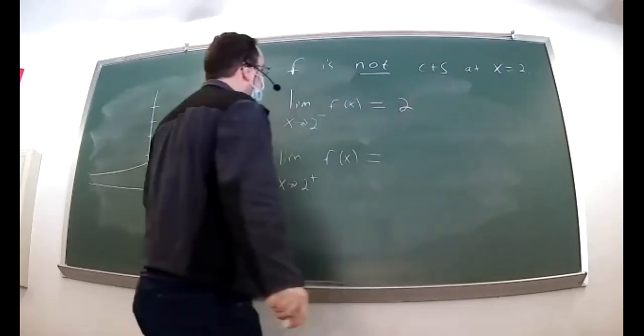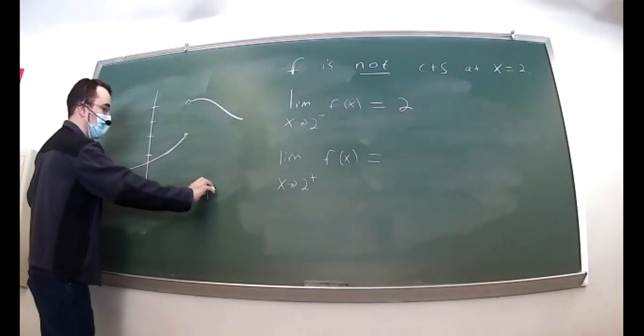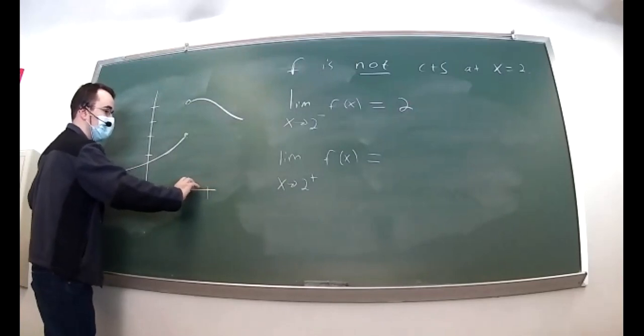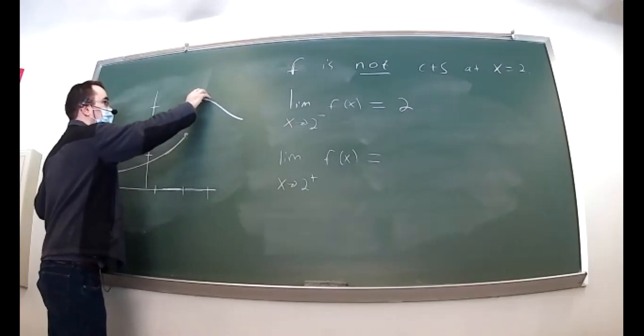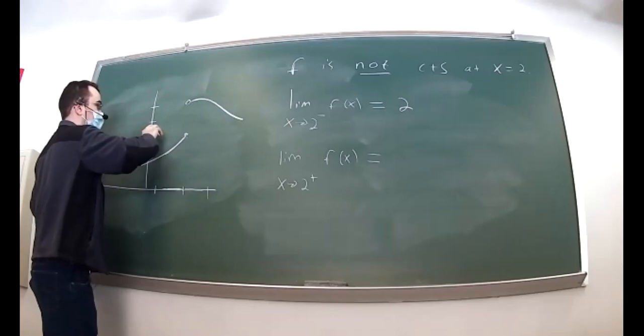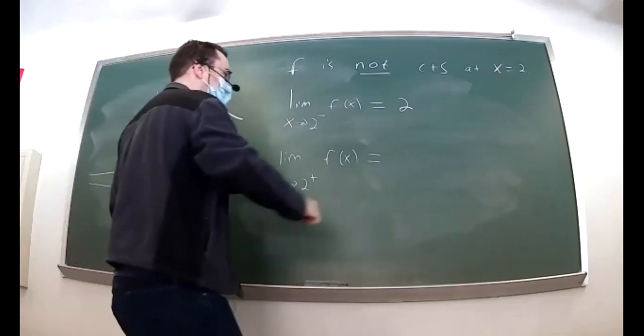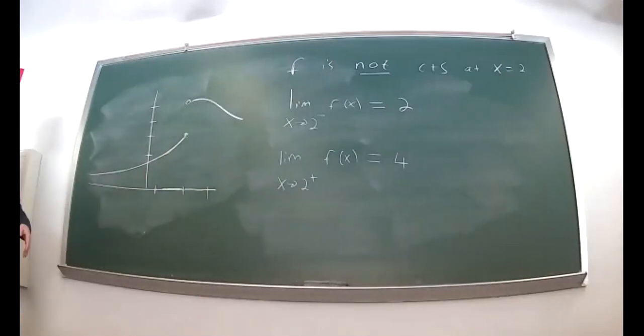So I'm seeing the left-hand limit being 2. And what about the right-hand limit? When we're approaching the x values just from the right, from those numbers bigger than 2, what are the y values doing? The y values are approaching, looks like, the number 4. So I'm seeing left-hand limit equals 2. I'm seeing right-hand limit equals 4.